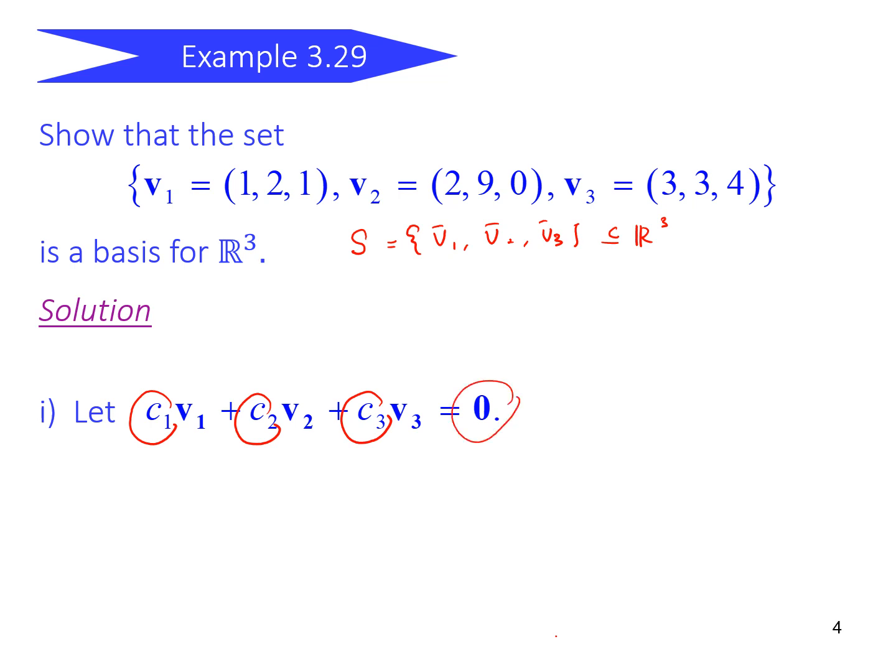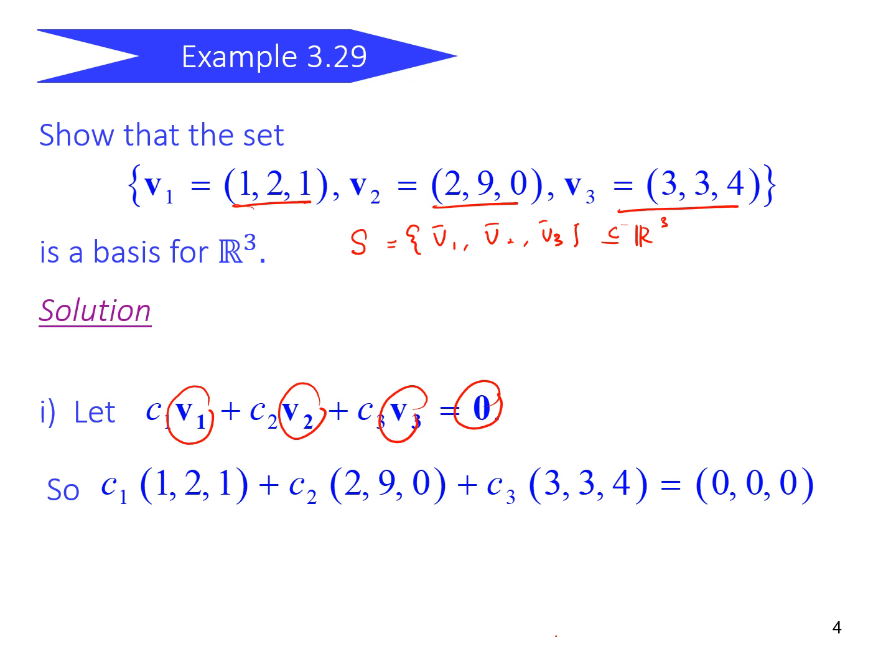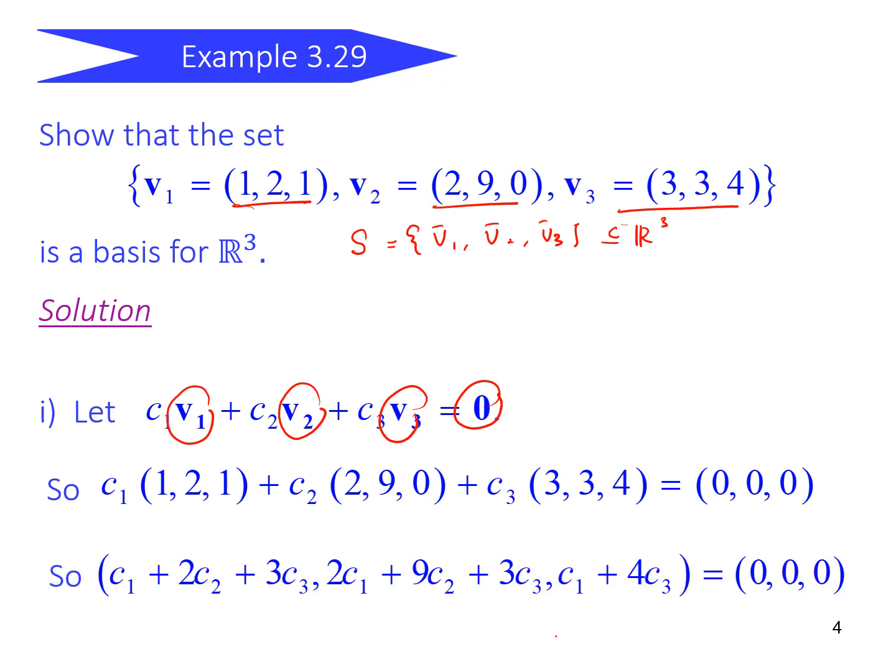And the zero vector here is the zero vector in R3, which is (0, 0, 0). To do that, we substitute the values of V1, V2, and V3 and the zero vector here. Therefore, we have this. We do the operations on the left side, and then we have this.